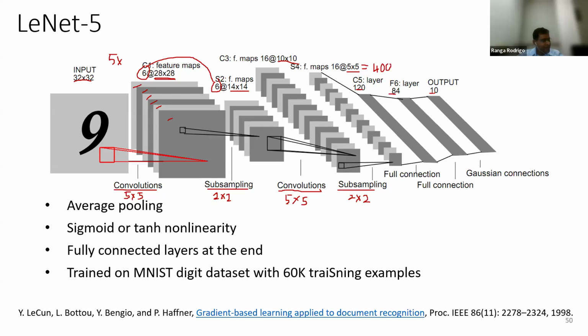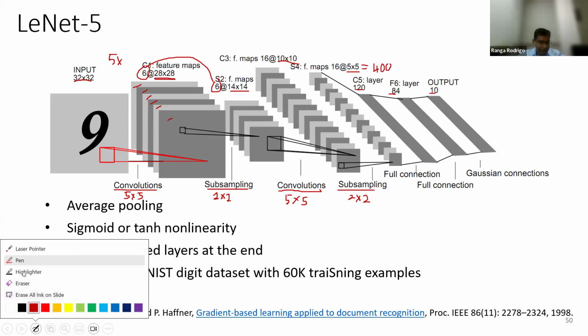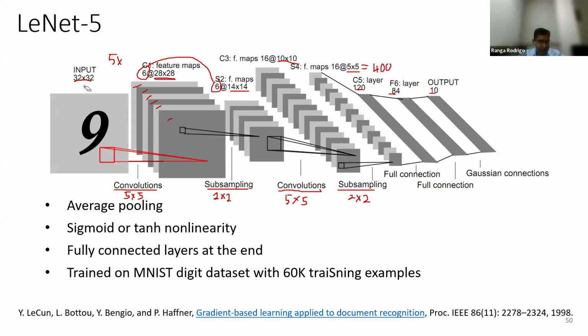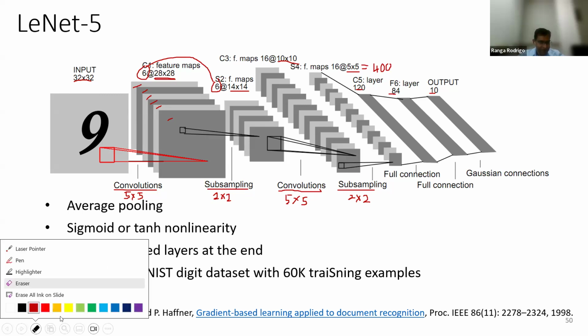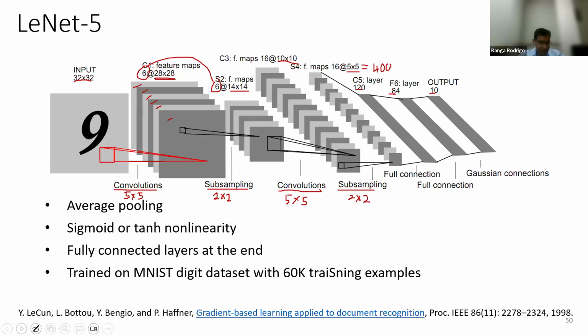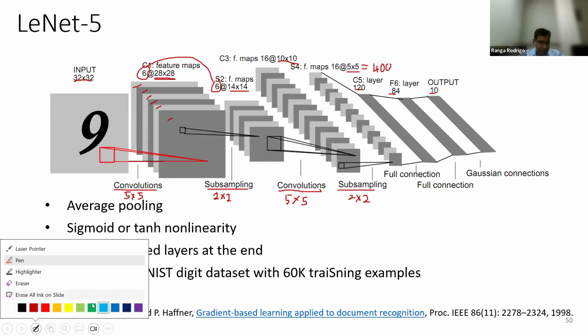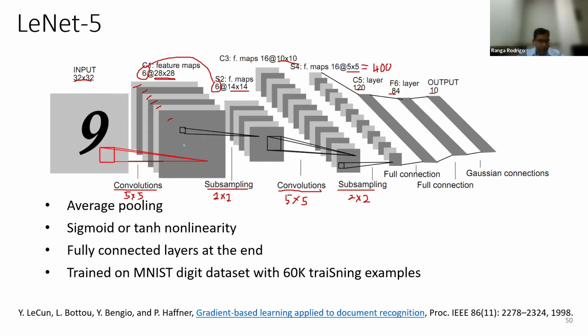So let's try to compute the number of weights. How many weights are being used here? Let's compute that. Learnable parameters, okay? The number of learnable parameters that we are using here. Okay, so for the first convolutional layer, how many learnable parameters are we using?